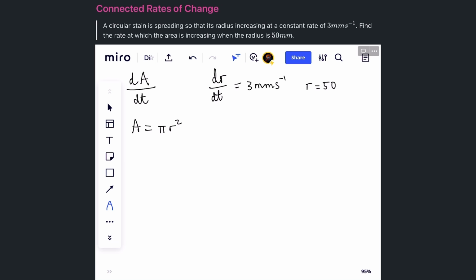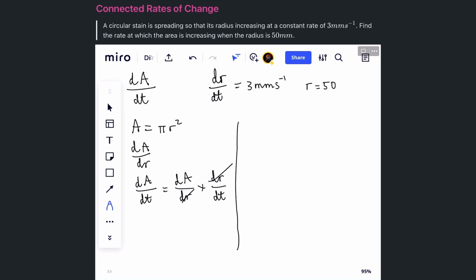So now you can see that if we differentiate this and find dA over dr, we can say that dA over dt equals dA over dr times dr over dt, and this way the dr's cancel out and you're left with dA over dt. So you differentiate this equation and say dA over dr equals 2 pi r.